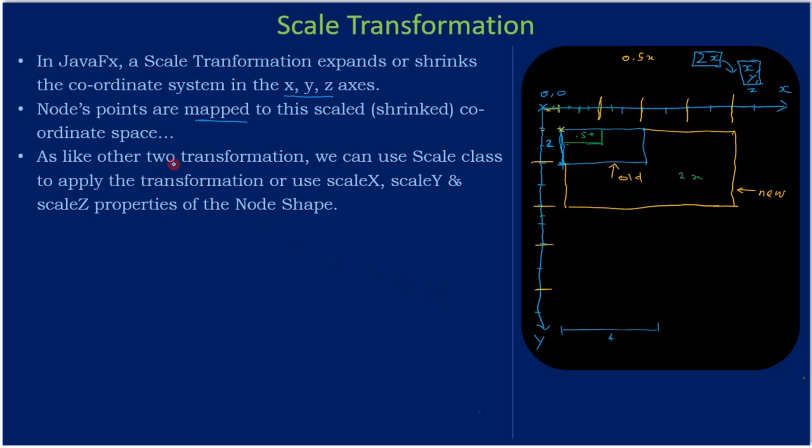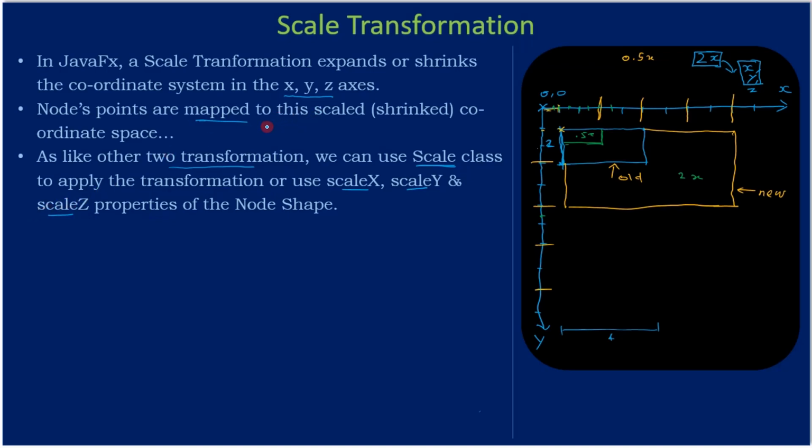Like the other two transformations, translate and rotate, which we discussed in the previous two videos, we can use the Scale class to apply the transformation, or you can apply the transformation using the scale x, scale y as well as scale z properties.